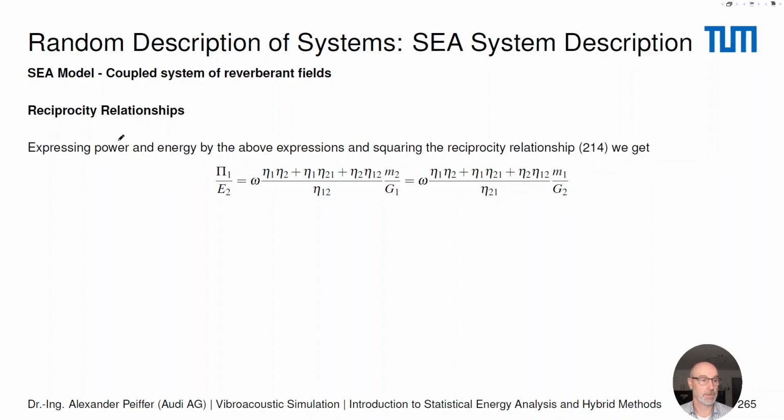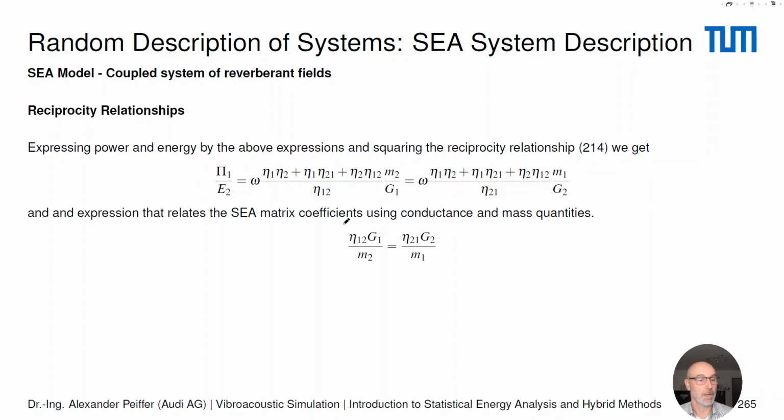So we're now expressing the expressions before by these new formulations, and we get this expression here, M1 to G2. That means this expression relates the SEA matrix using the conductance and the mass quantities.